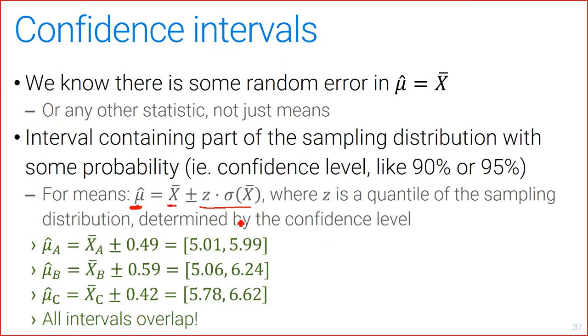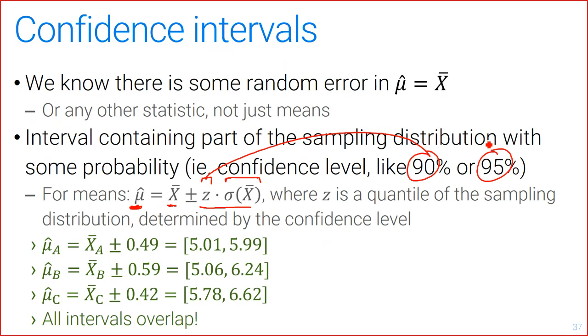And this is going to define the interval. And that length is going to be a function of the standard error, you see here, plus a constant. This constant is going to be dependent on how much confidence you want. If you want a very large confidence, then that z is going to be large. If you are not interested in so much confidence, then that z is going to be small. And the effect is going to be having a larger or smaller interval.